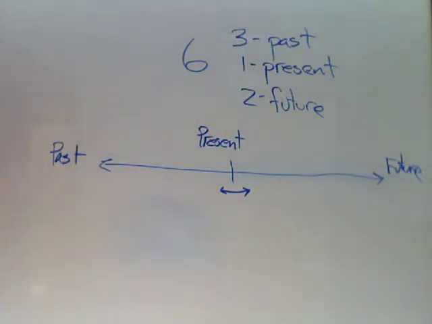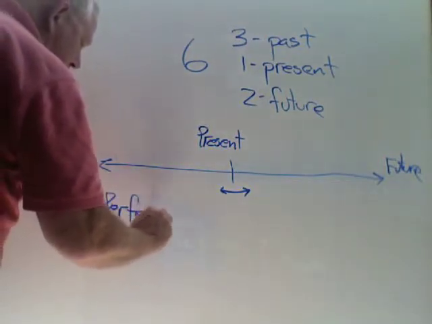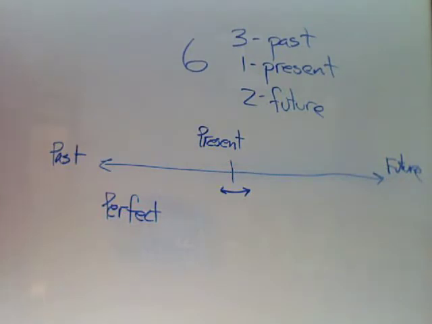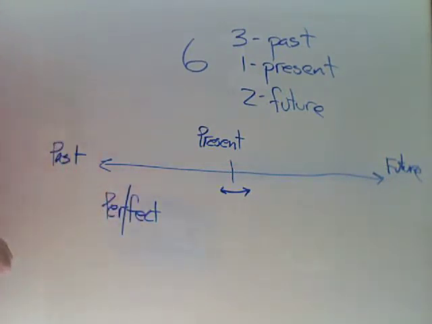We have things that happened in the past. Latin uses a particular word to describe past completed actions, and that word is perfect. If we look at the etymology of the word perfect, we can see that it's in 2 parts.